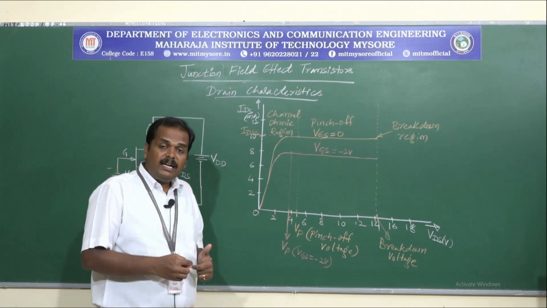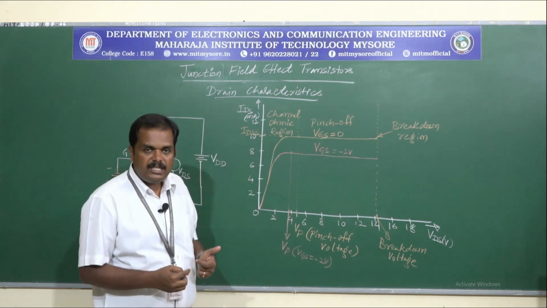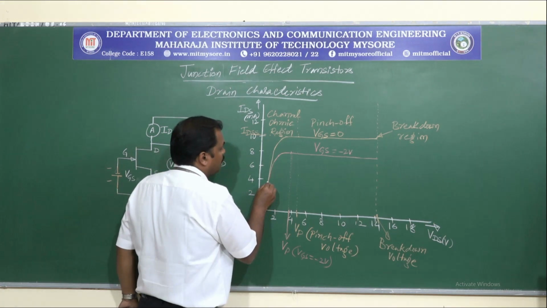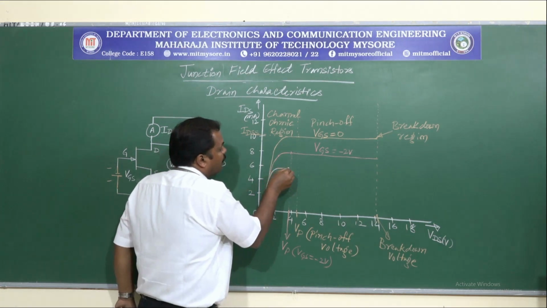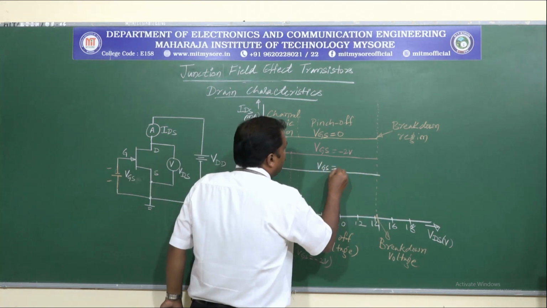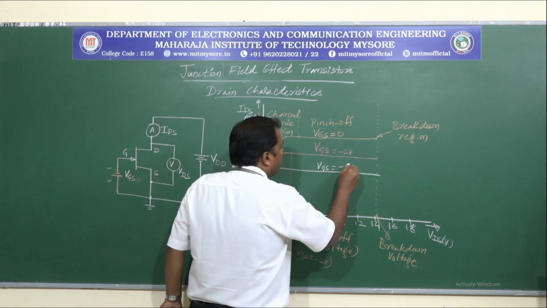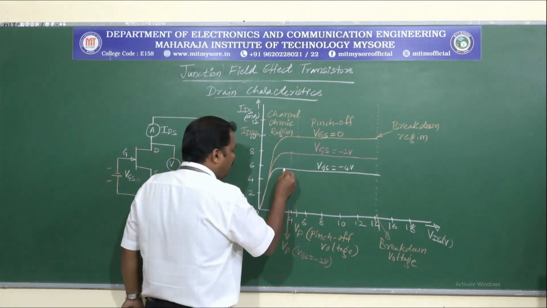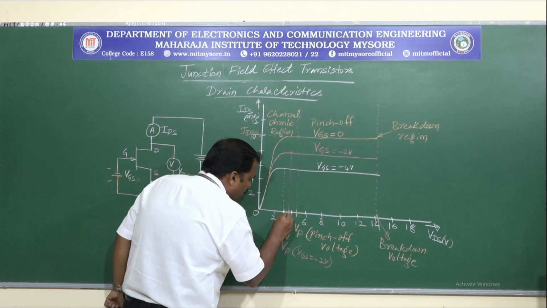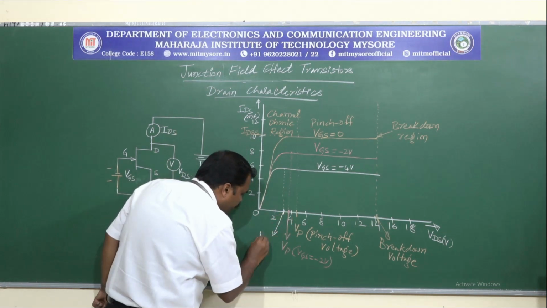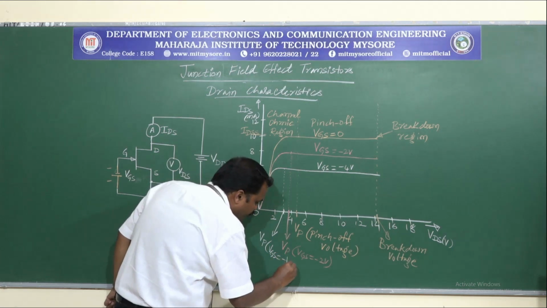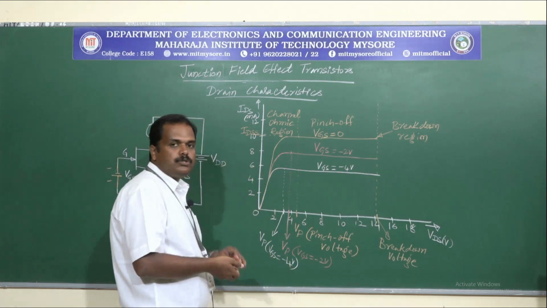Further, if I decrease the VGS value, let us say this is for VGS equals to minus 4 volts. Again, this is Vp for VGS equals to minus 4 volts.